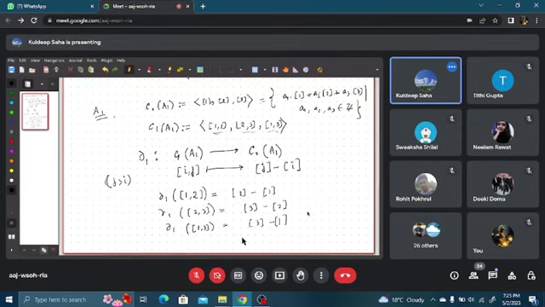Okay. So now, oh boy, I think I have to go to the next page. But let us finish one computation here.